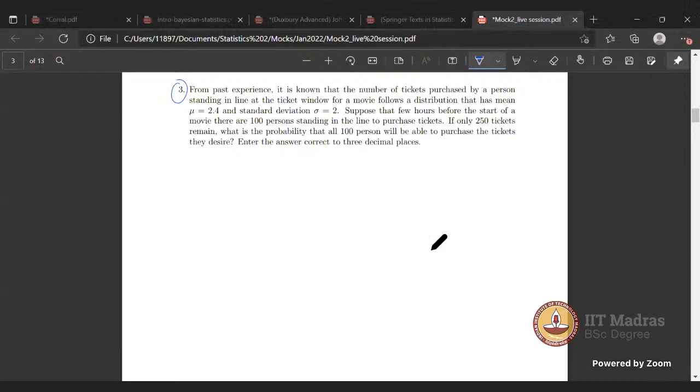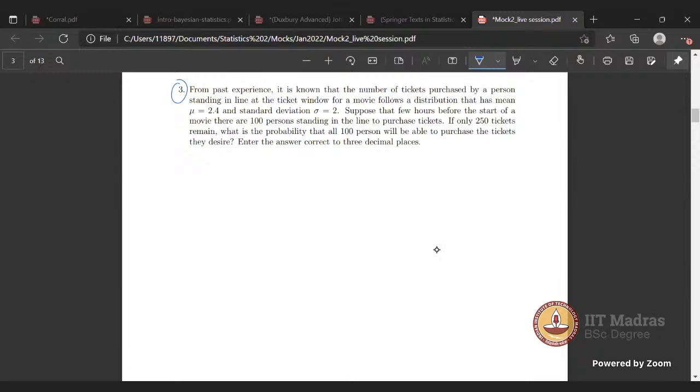So in the third problem, it says from past experience, it is known that the number of tickets purchased by a person standing in a line at the ticket window for a movie follows a distribution with mean mu equals 2.4 and standard deviation 2. So from the first statement, we know there are people standing in a queue for tickets, and the number of tickets they purchase follows a distribution.